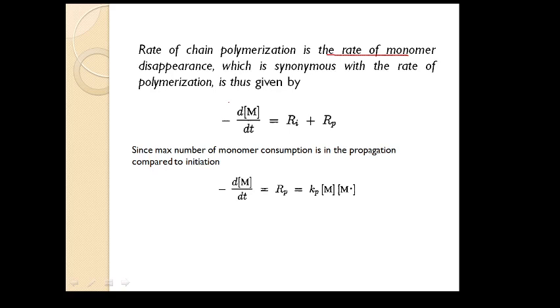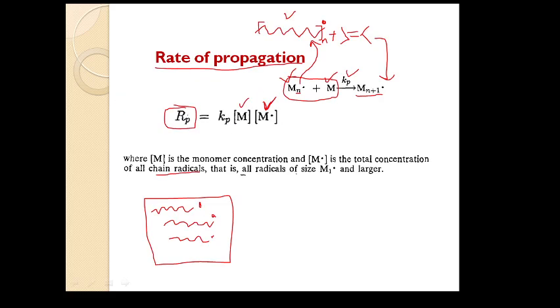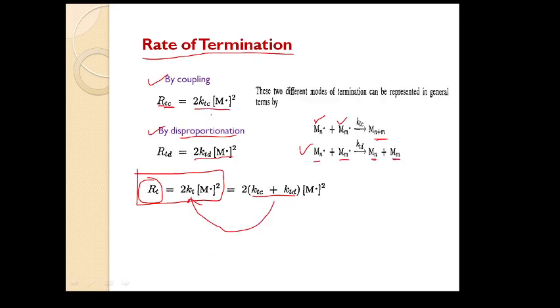Now we have seen that the monomer exists in the initiation step, and the monomer also exists in the propagation step, but the monomer does not exist in the termination step. Do you see any monomer here? No. There are active chains.